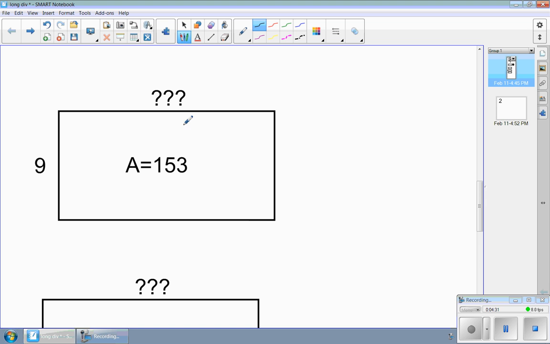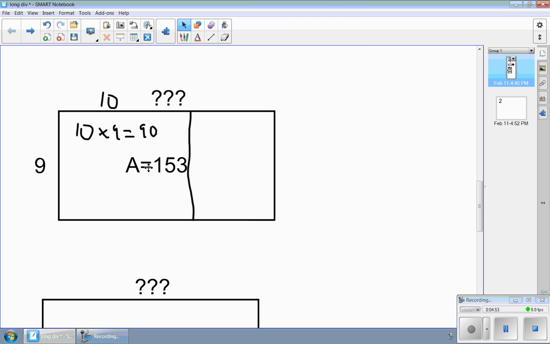For example, I know that 9 times 10 is 90, so I've cut up this entire rectangle into 2 smaller rectangles. One rectangle has an area of 10 times 9, which is 90. I'm going to move my total area out of the way a little bit. So this is still the total area, which is still 153.